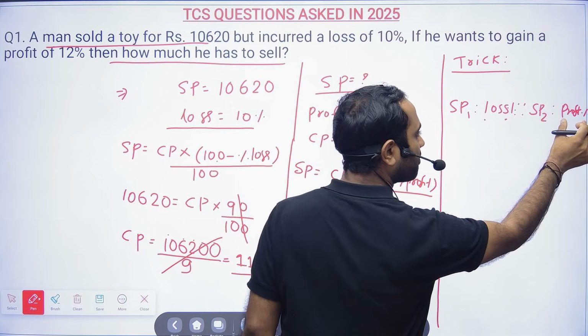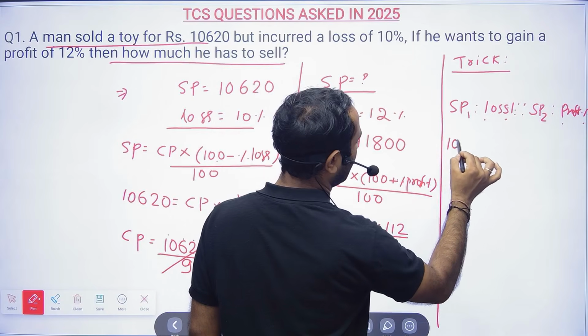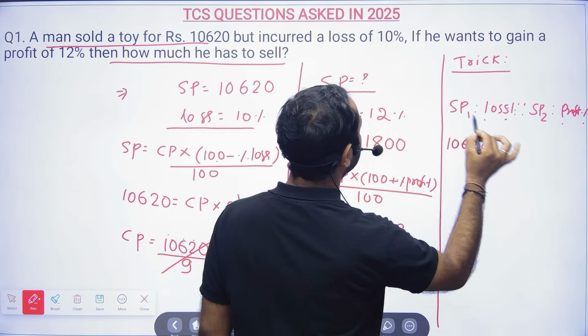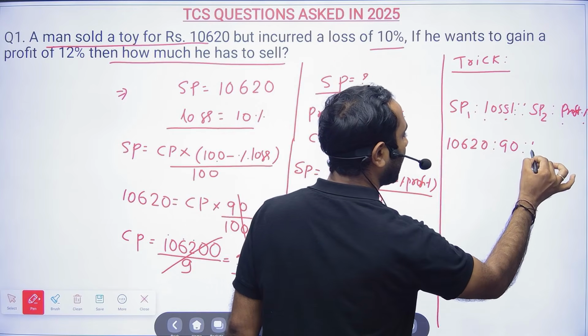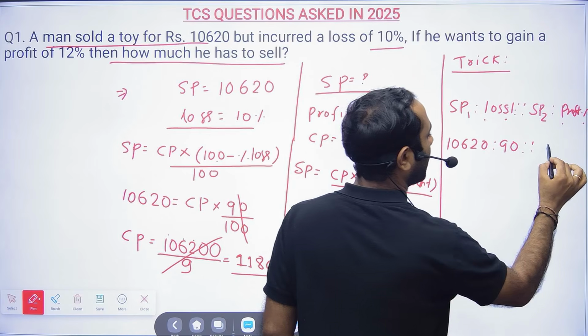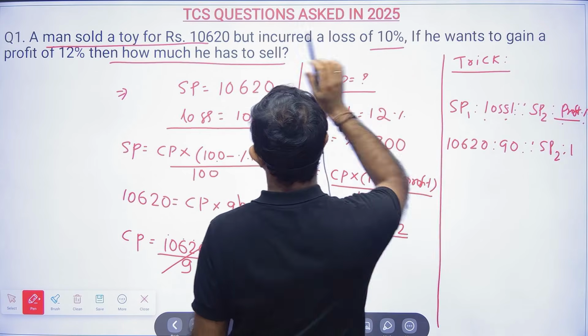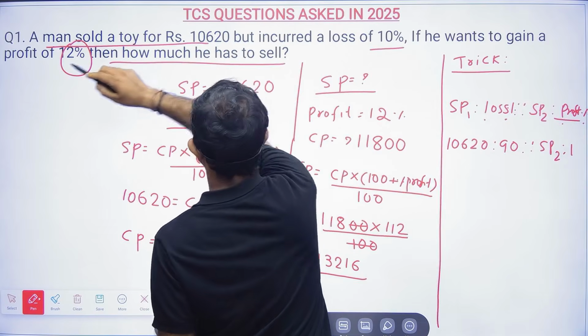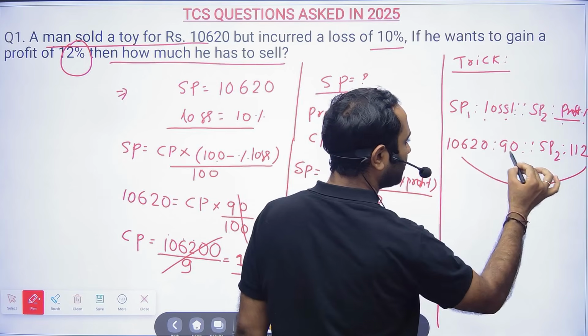If there is any kind of profit, add to 100. Now selling price 1 is 10,620. There is a loss of 10%, so 100 minus 10 is 90. Any loss, subtract from 100, any profit, add it to 100. Selling price 2: you want 12% profit, so 100 plus 12, 112.